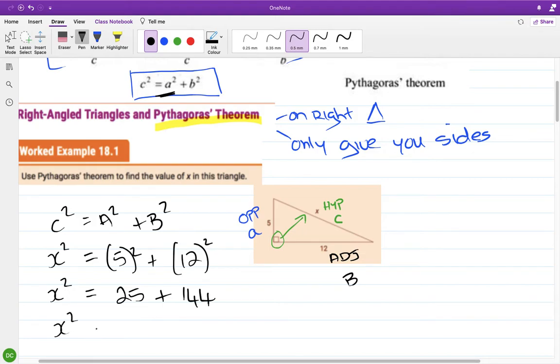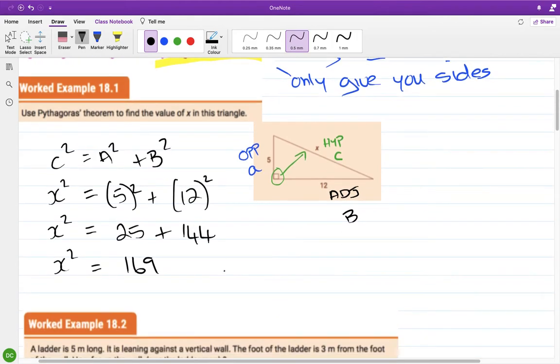So x squared is 169. Now, I don't know if you remember this, but the way you get rid of a square is with a square root, but you have to do it on both sides so that it is balanced. So x is 13. So now I've figured out that the hypotenuse x is 13.